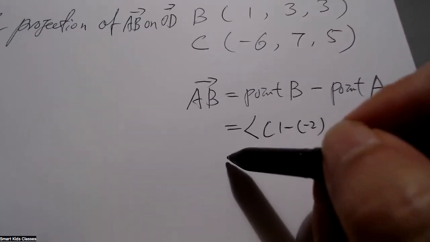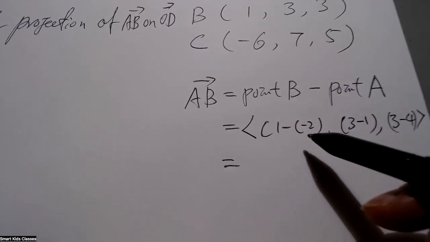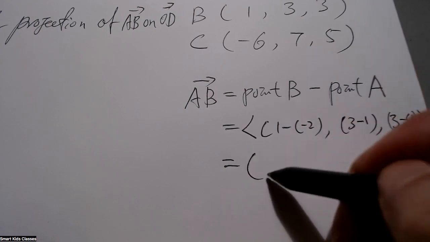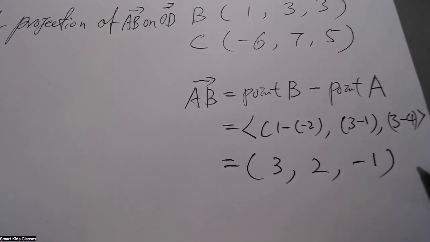Now simplifying the integers, we get 3, 2, and -1. That's vector AB.